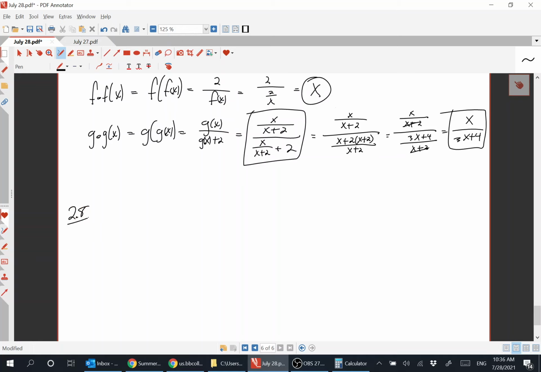So in section 2.8, of course, not every function has an inverse function. The function needs to be 1-to-1. In other words, the graph of the function satisfies not just the vertical line test, but the horizontal line test. And please, guys, when you're drawing graphs of functions, make sure they satisfy the vertical line test.